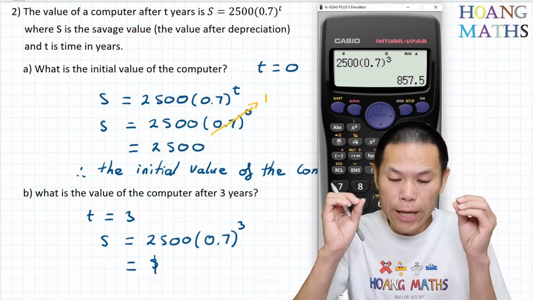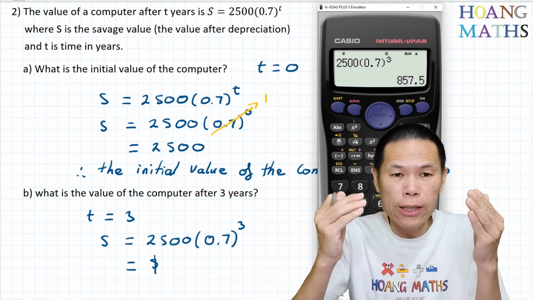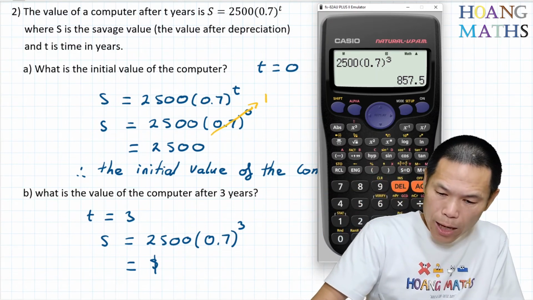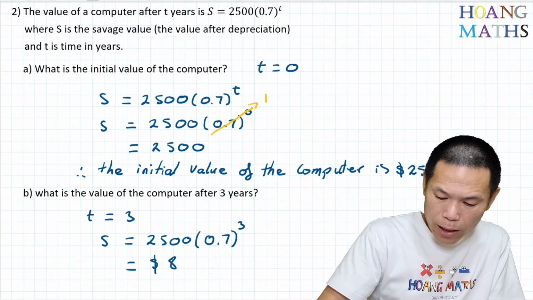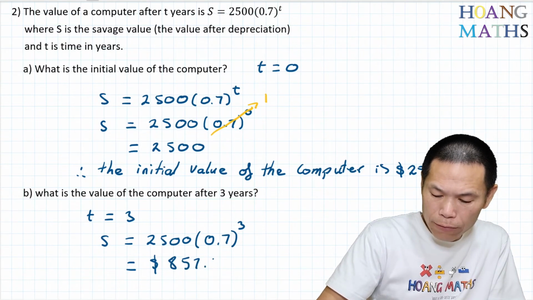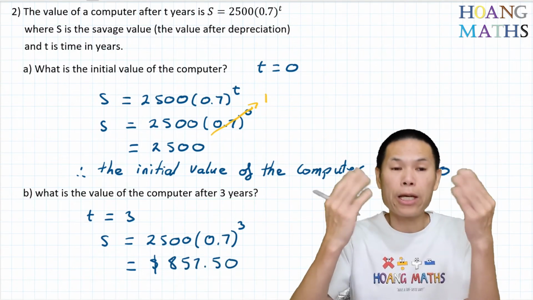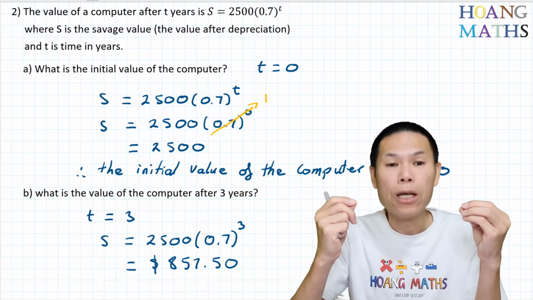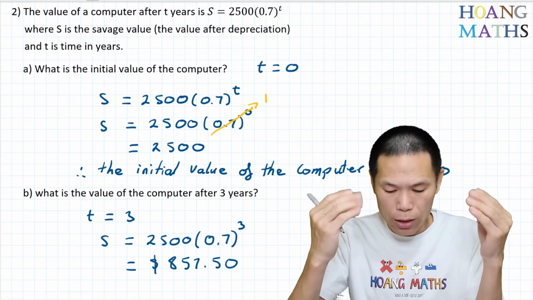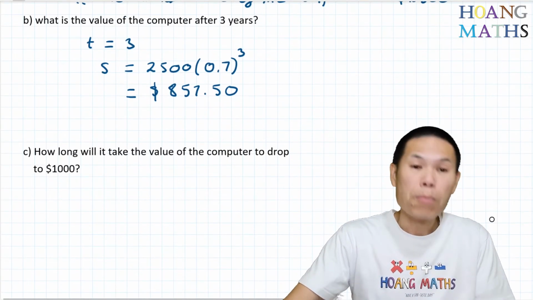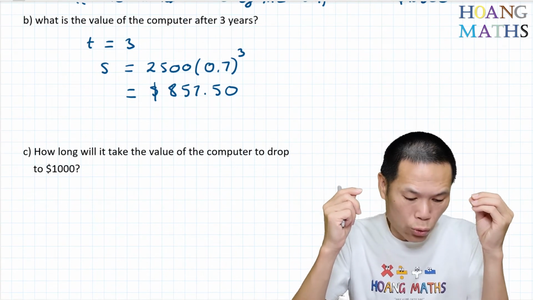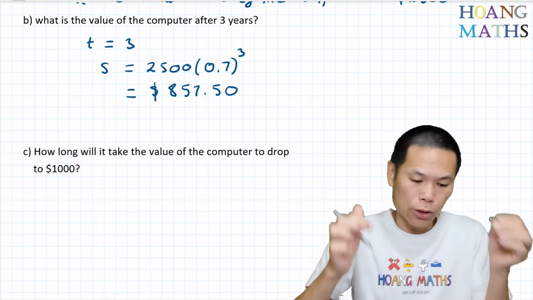So there you go. $857.50, so 2 decimal places. So after 3 years, the value of the computer is $857.50. Part C. How long does it take the value of the computer to drop to $1,000?